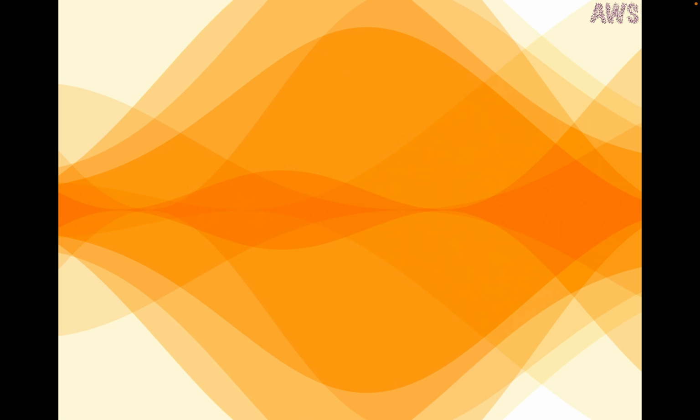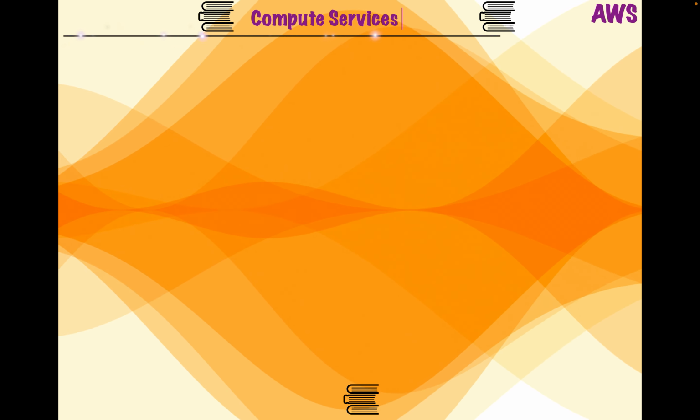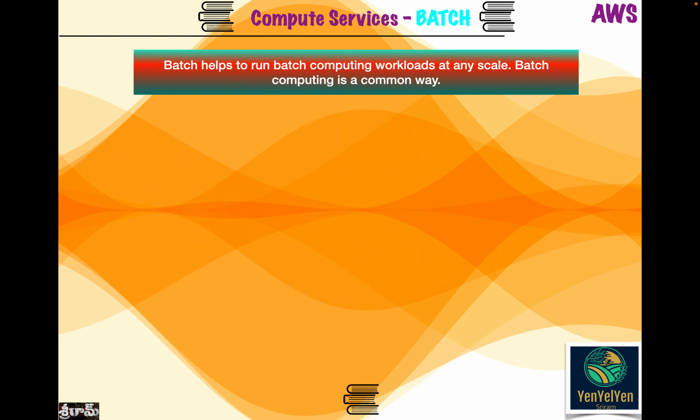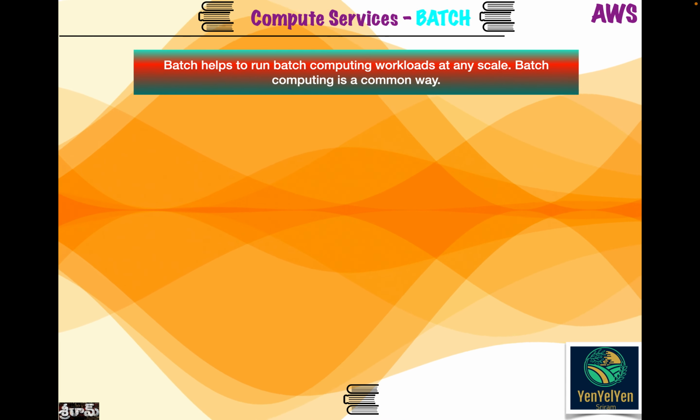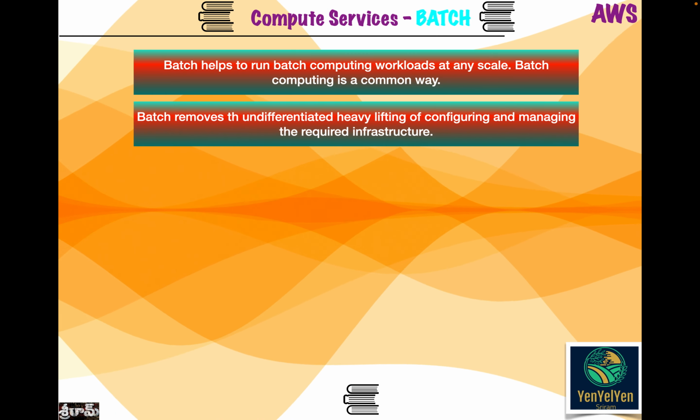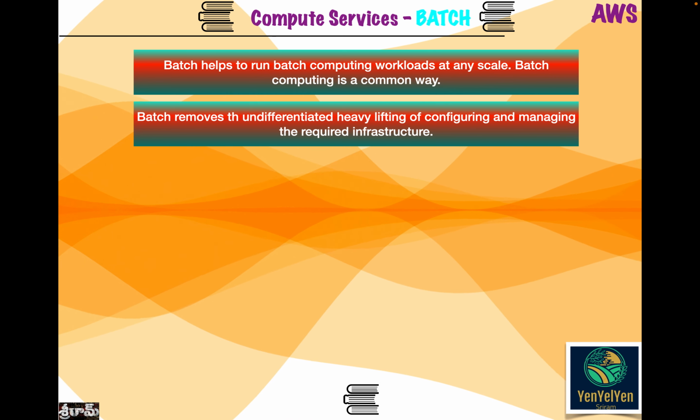Next compute service is Batch. AWS Batch helps you to run batch computing workloads on cloud. Batch computing is a common way for developers, scientists, engineers to access a large amount of compute resources.